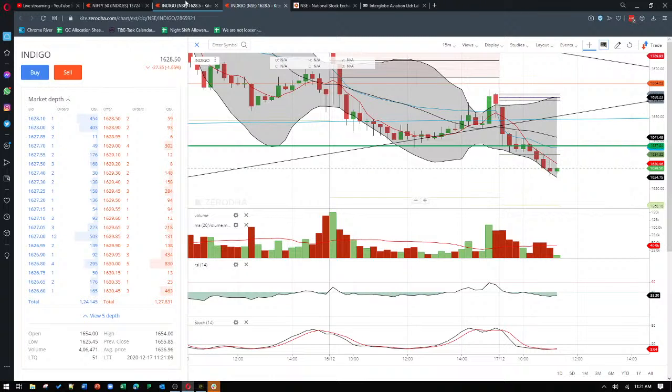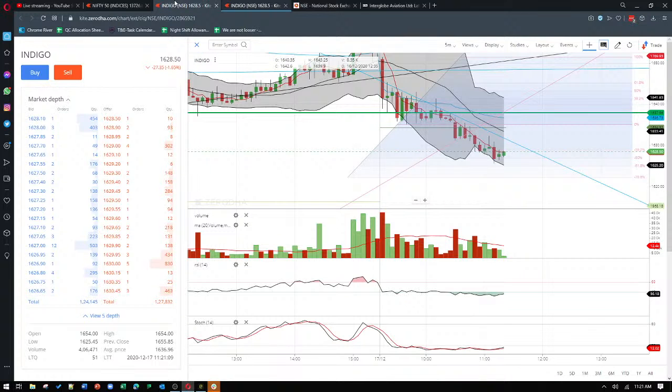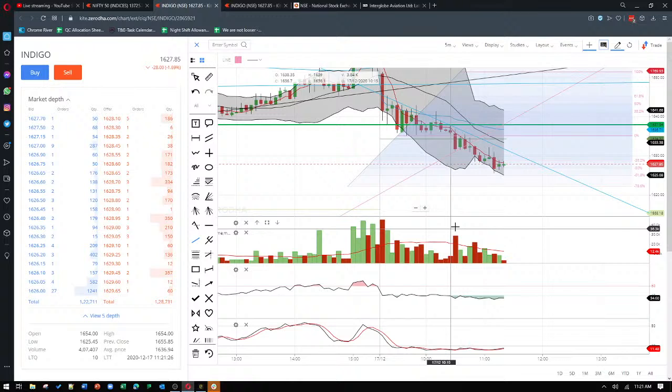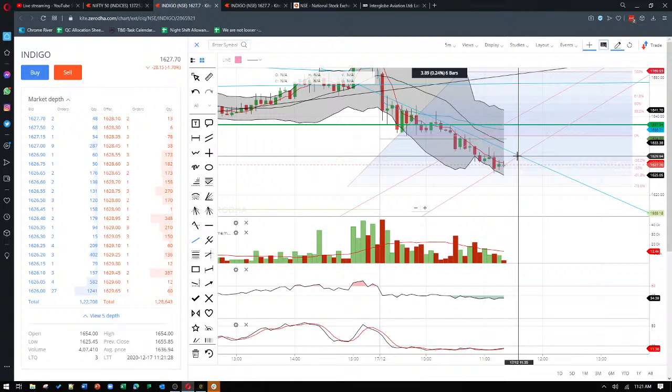What is happening with 5 minutes? 5 minutes again, volume dry. And it looks like it is forming another small trend line here.